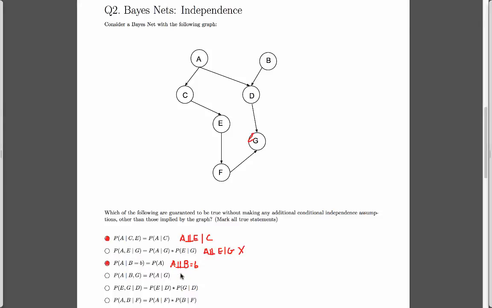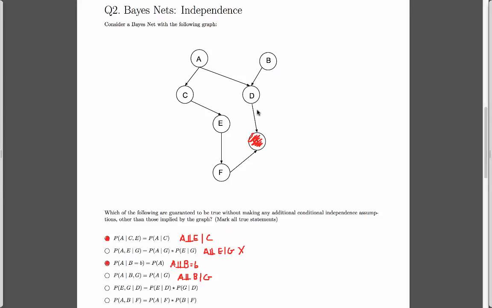In this next question, we have A given B and G is equal to the probability of A given G. So this is equivalent to saying that A is independent of B given G. So in this case, we are conditioning on G. So we'll shade in that node, and we'll look at whether this path is active or inactive.